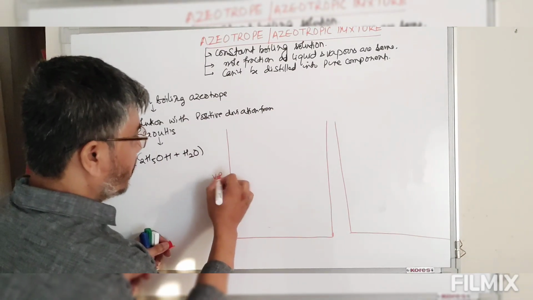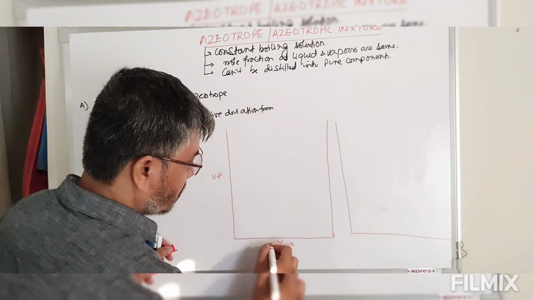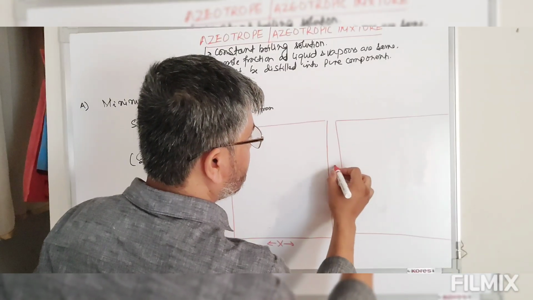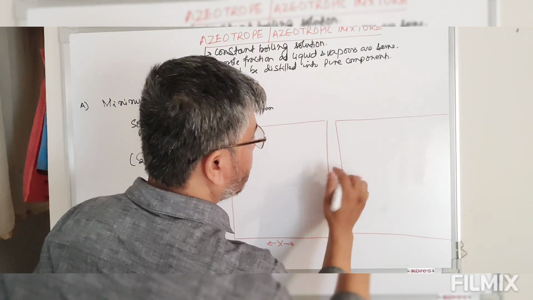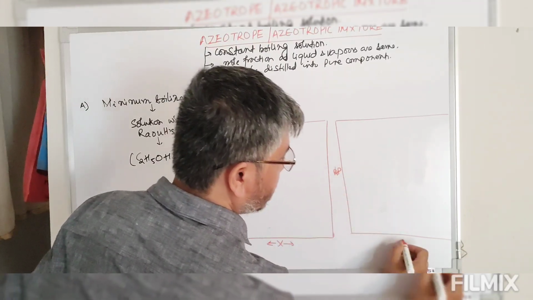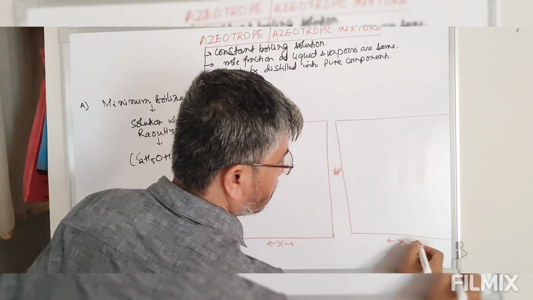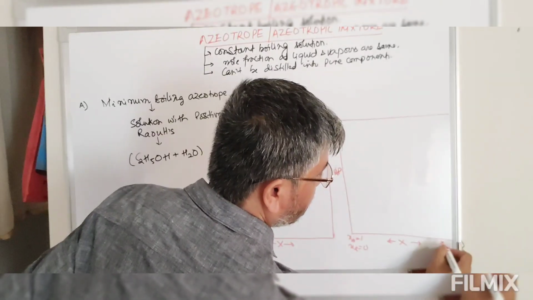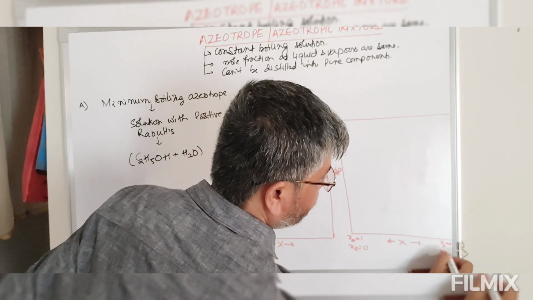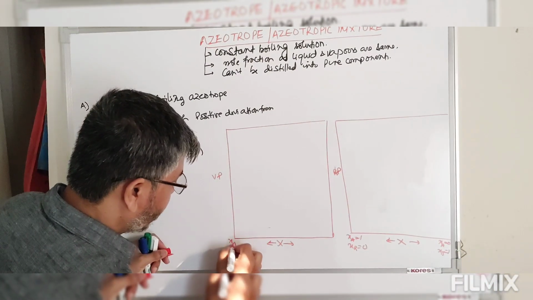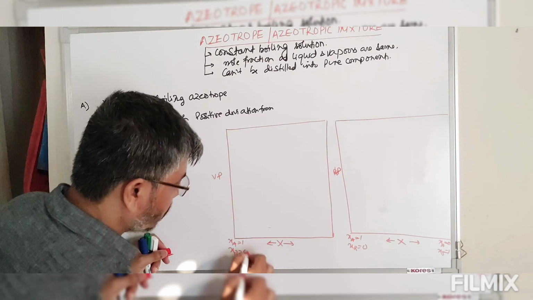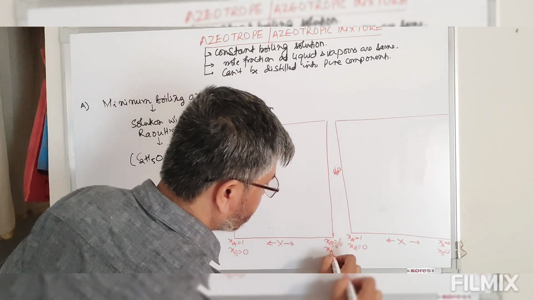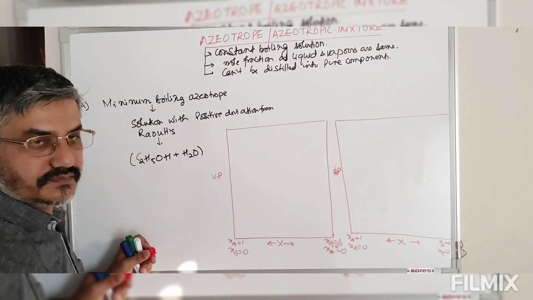This is vapor pressure versus composition. This is boiling point versus composition. So x_A is 1 here, x_B is 0, x_A is 0, x_B is 1, x_A is 1 here, x_B is 0 here, x_B is 1 here, x_A is 0 here.